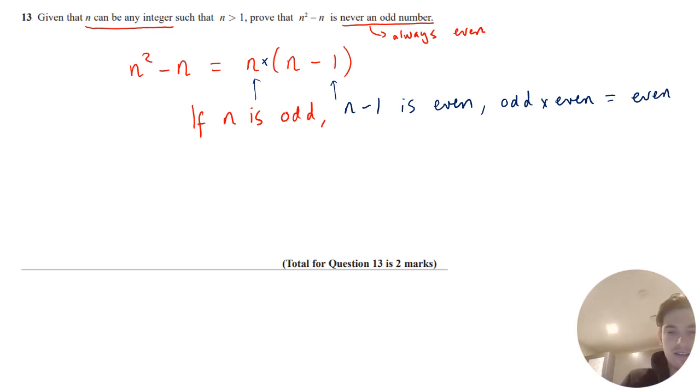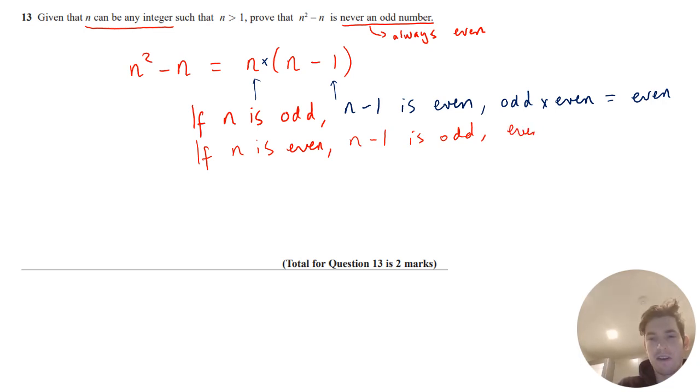But I need to do the other situation as well. So what about if n is even? Well, n minus 1 is going to be odd, but then I've still got an even times an odd, which is an even. So let's just write the conclusion.